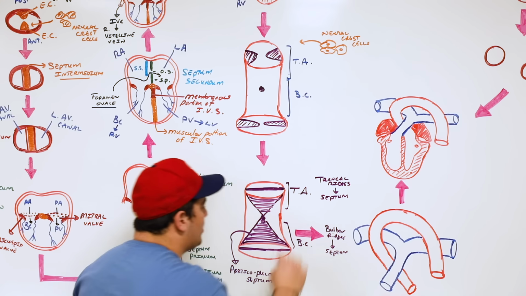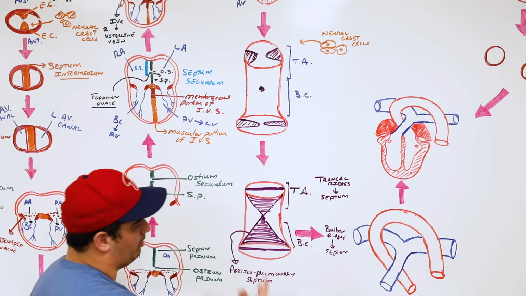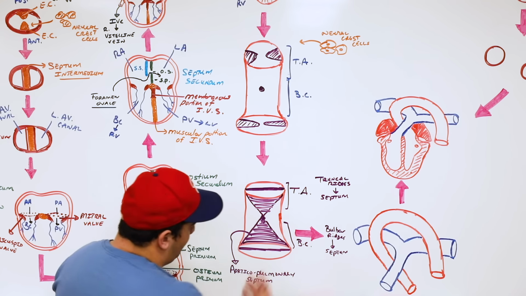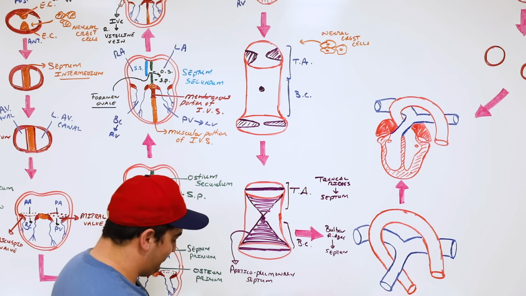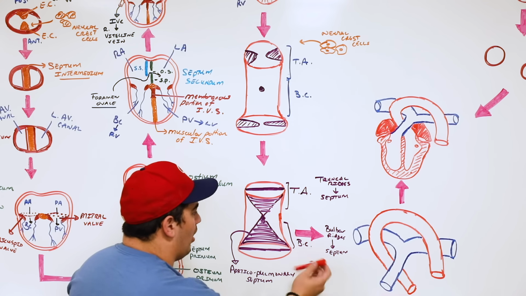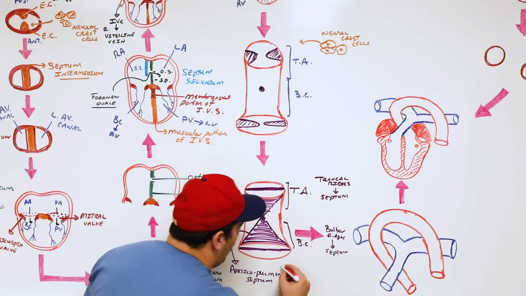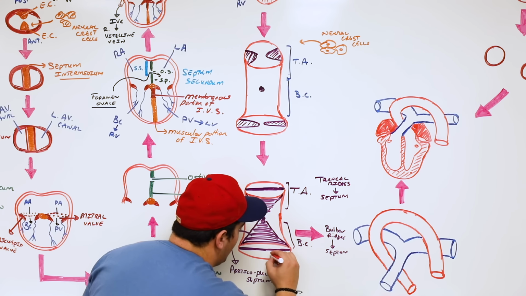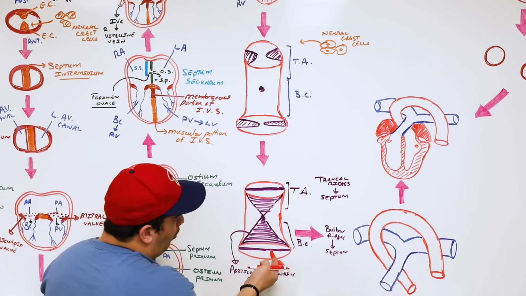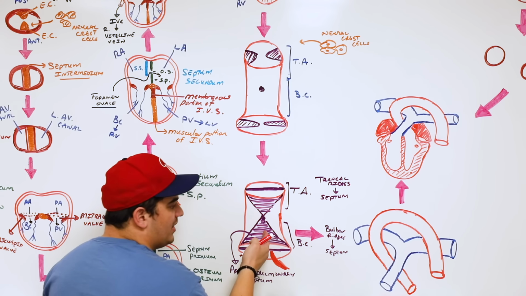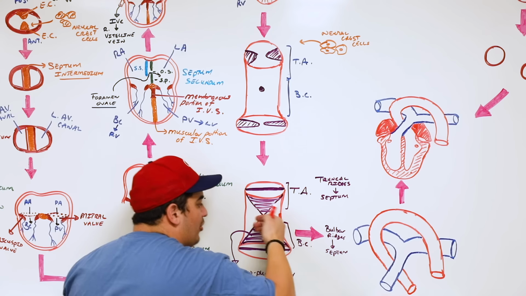Now, from the bulbus cordis and the primitive ventricle, we already said that the blood was moving up through this. As it moves up through this, here's what's really interesting. The blood flow from the left ventricle will move through this posterior portion from this bulbar septum. It'll move through the back part of this aortico-pulmonary septum, so it'll move under it.